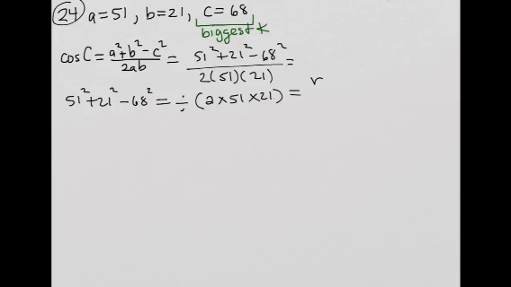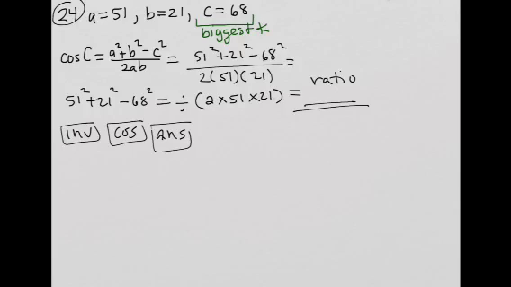And that's going to give you the ratio. Okay? So keep that number on the screen, and then you're going to do inverse cosine of the answer. So then angle C is 137.61. Okay, so that's angle C.